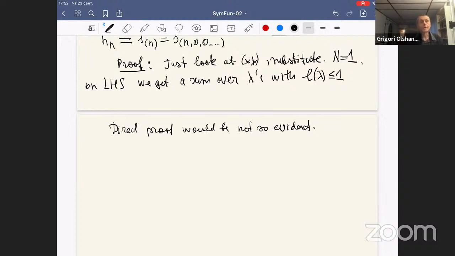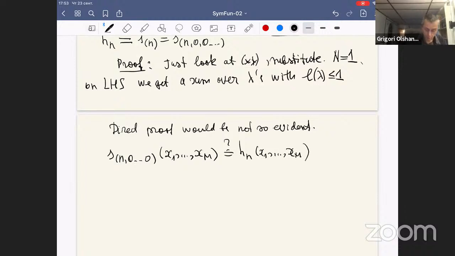So assume that we have some m variables, so we have to prove that, how to prove this? You have to prove something like this.